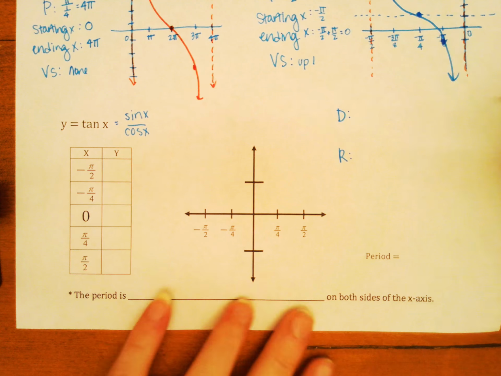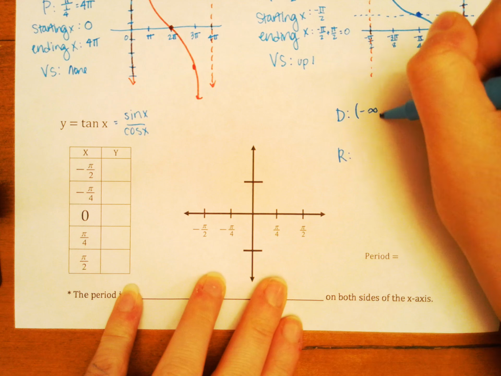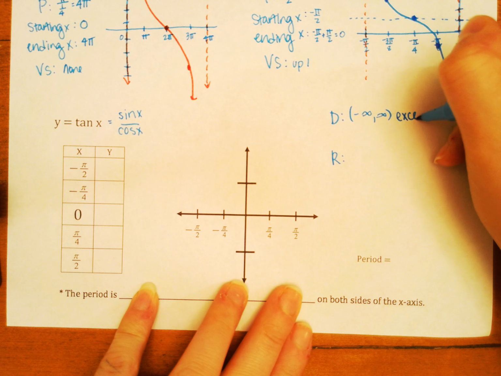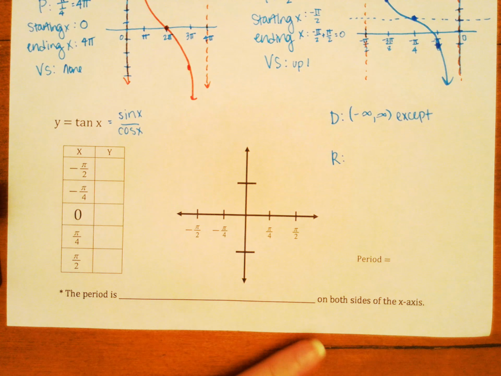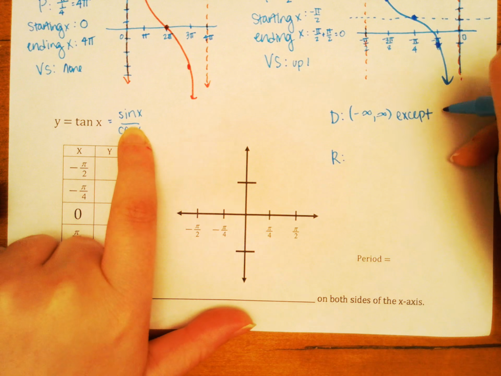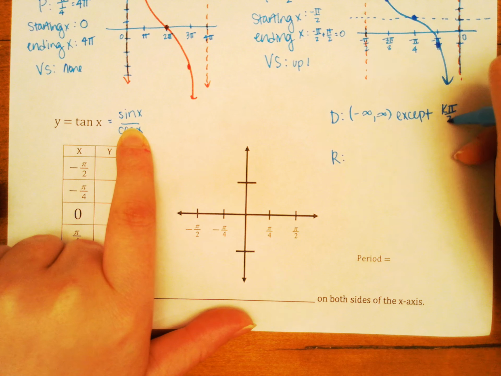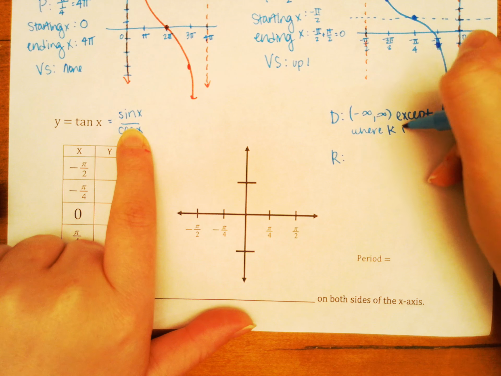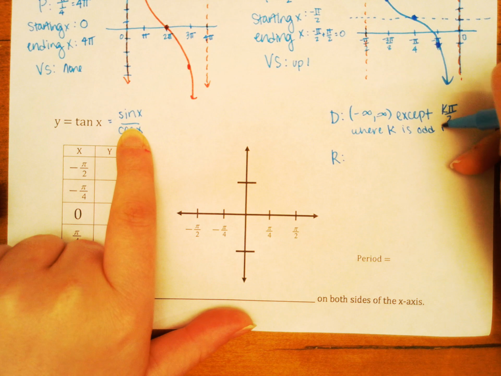We could potentially have a divide by 0, and we will at particular values. So at those particular values, we need to exclude them. So we are going to have everything except for the values that will give 0. Cosine is 0 at pi over 2, 3 pi over 2, 5 pi over 2, 7 pi over 2, all the k pi over 2, where k is an odd integer.